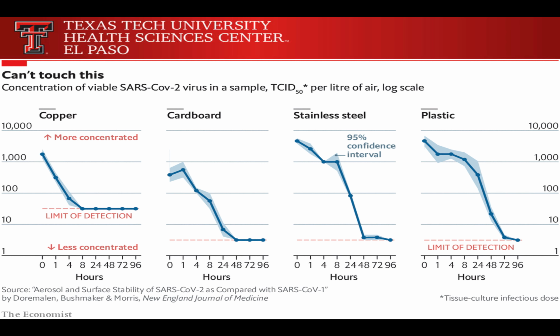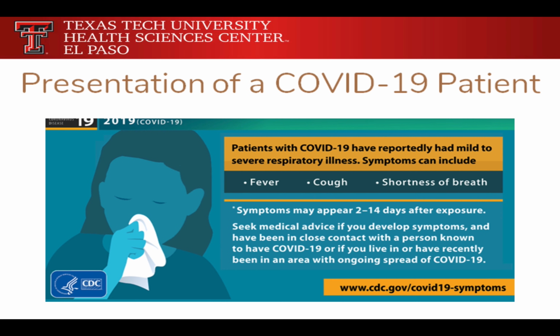Stainless steel, coronavirus was detected between 2 to 3 days. And then finally plastic, think about the handrails on shopping carts. Coronavirus was detected up to 3 to 4 days. So when you're out and about in the grocery store, you want to make sure that these frequently touched surfaces are cleaned often.